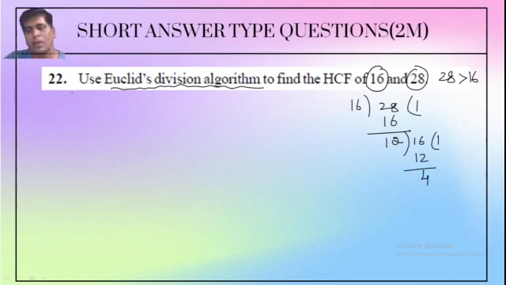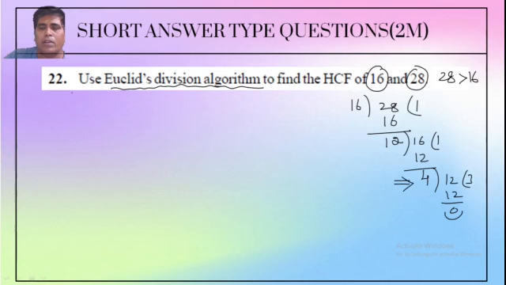Still I do not get 0 as a remainder. The process continues. So this 12 I can reuse here. 4 3s are 12. So here our division stops. So what is the HCF here? It's 4. 4 is the HCF. So the HCF of 16 and 28 is nothing but 4.